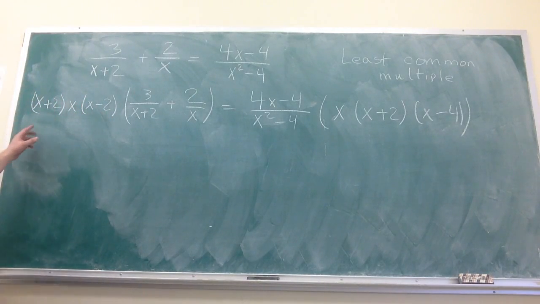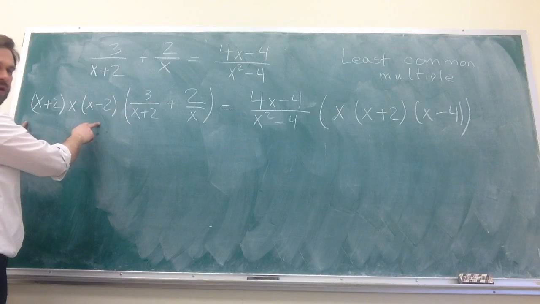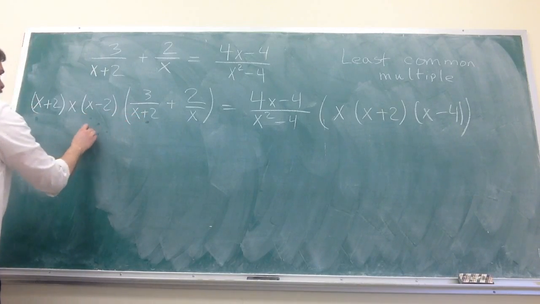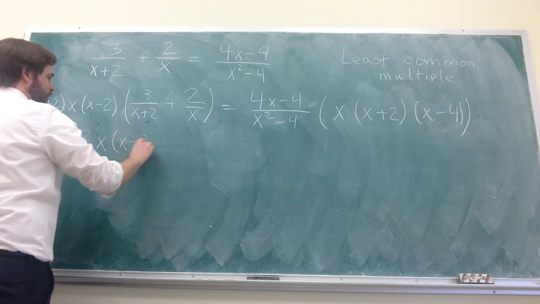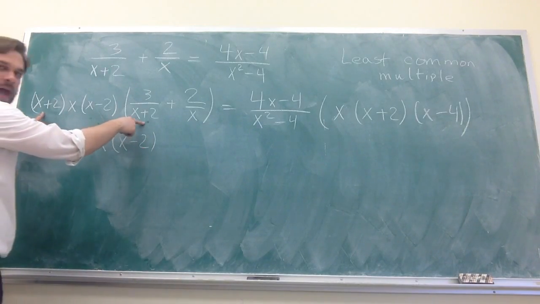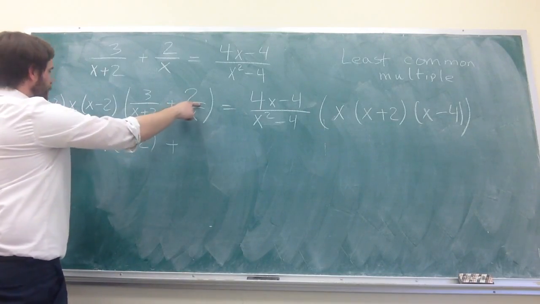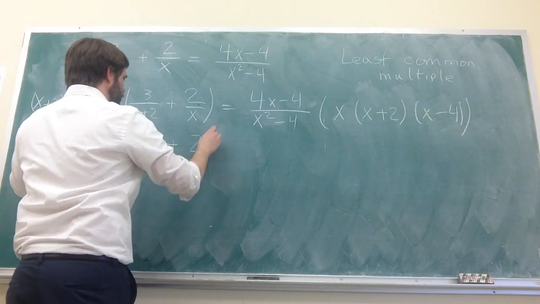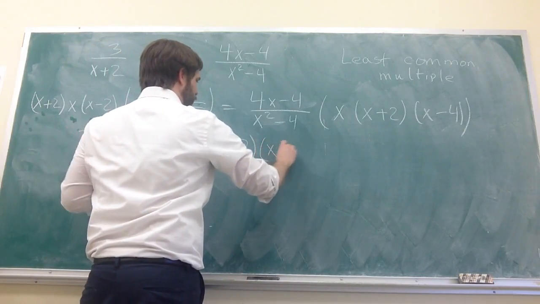So when we FOIL, okay, or distribute this term, we will get a cancellation with the x plus 2 in the first one. So in the first term, we get 3x times x minus 2, because this is going to cancel with that one. But when we distribute this one, the x is going to cancel. So we're going to have 2 times x plus 2 times x minus 2.